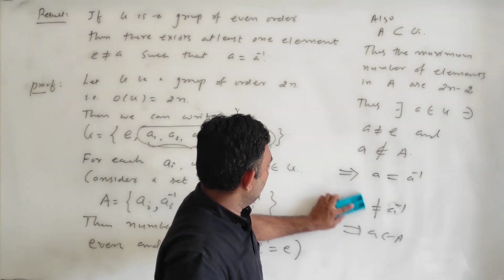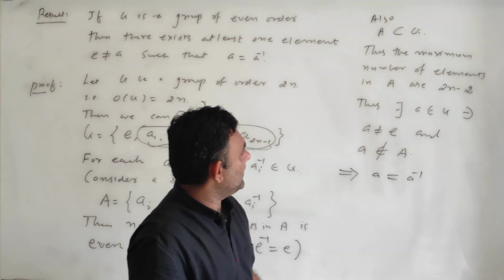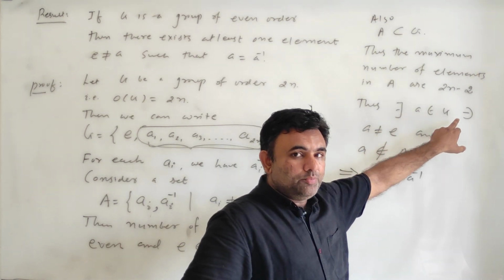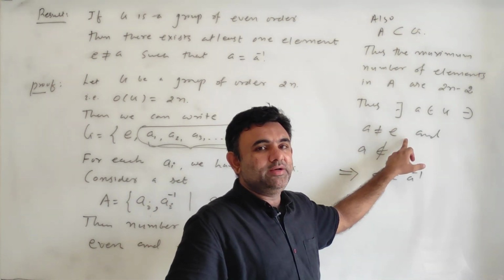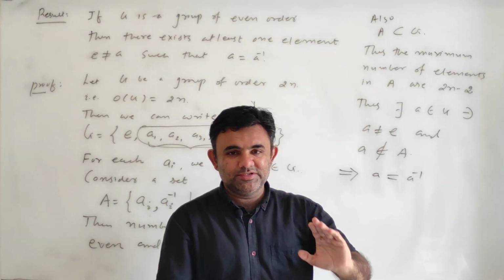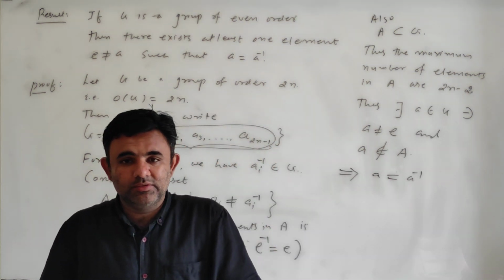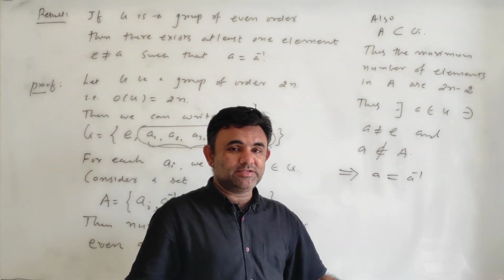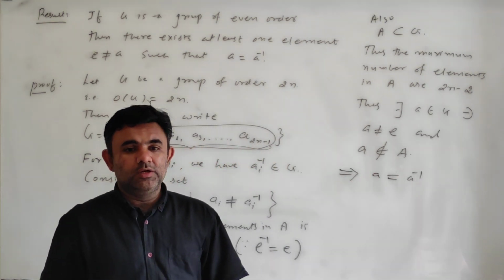So what have I proved? I have proved that you must get one element in the group which is different from identity and whose inverse is itself, means it is a self-invertible element. In other words, you can say its square is identity, a square is identity.